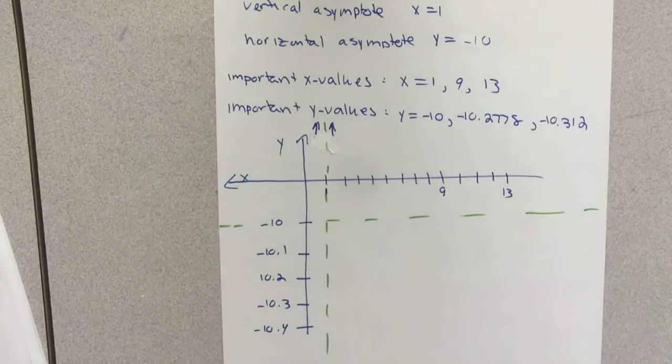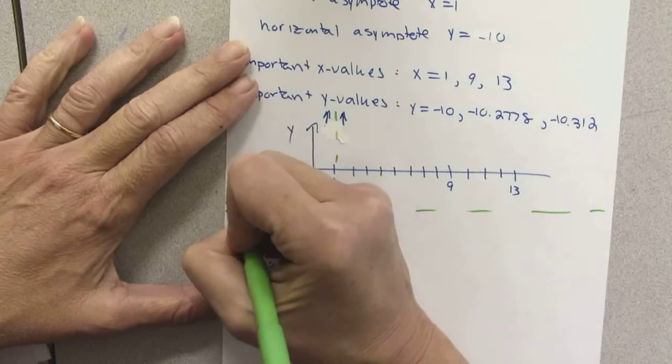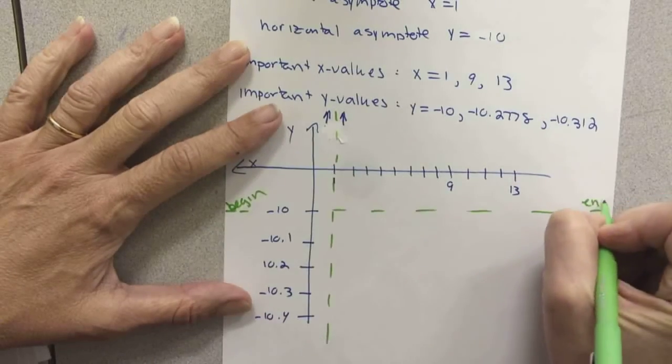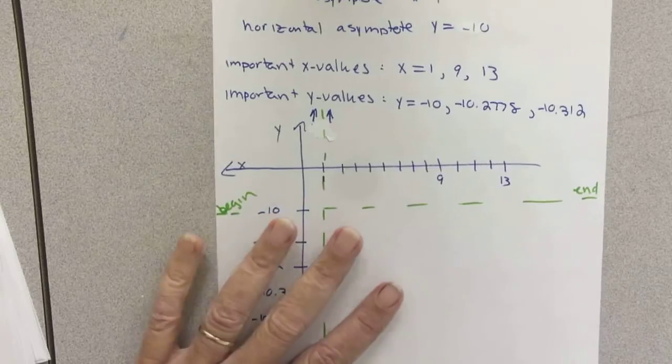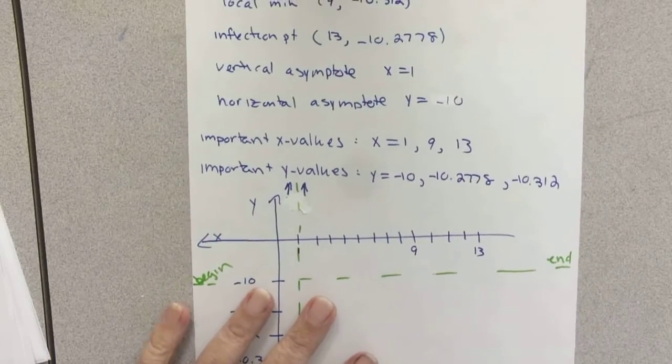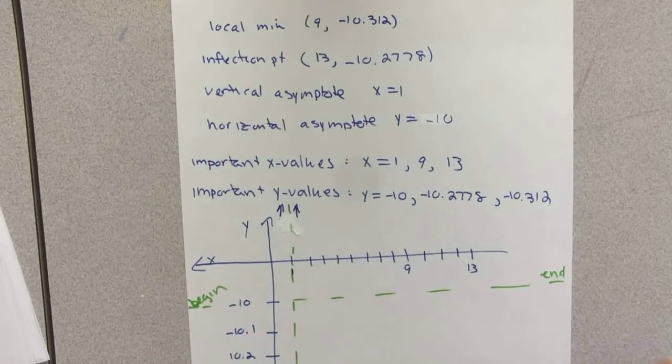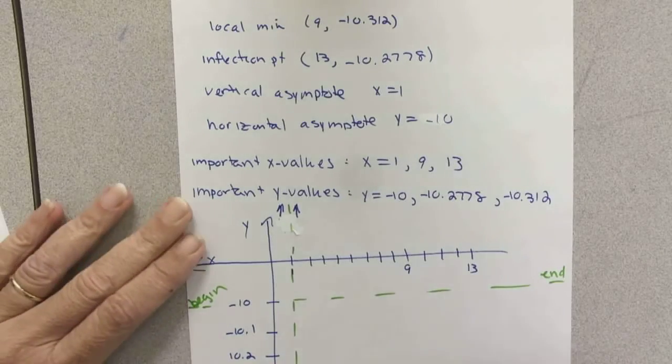There's my horizontal asymptote. Now what horizontal asymptotes, and pretend that's a straight line, they tell you where to begin and end. That's what horizontal asymptotes tell you, where to begin and end. Then the other things we found: a local minimum at (9, -10.312).